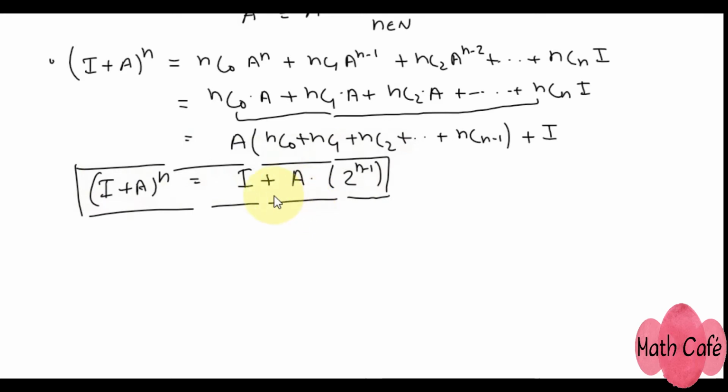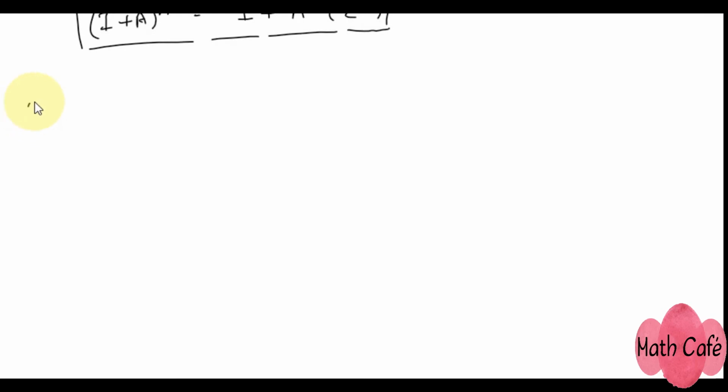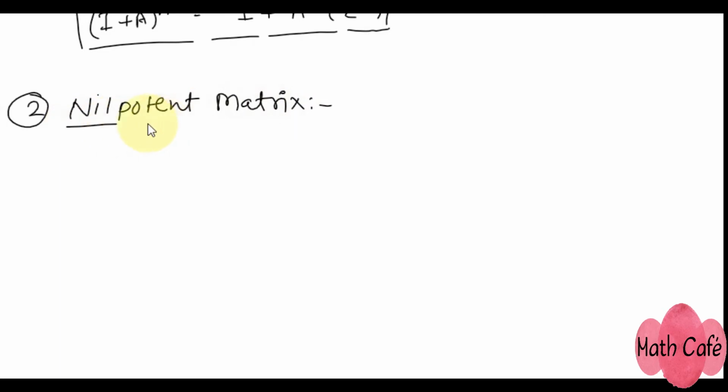So let's proceed with another definition, which is nilpotent matrix. So second definition is nilpotent matrix. So any square matrix A will be called nilpotent matrix if A raised to p equal to 0.